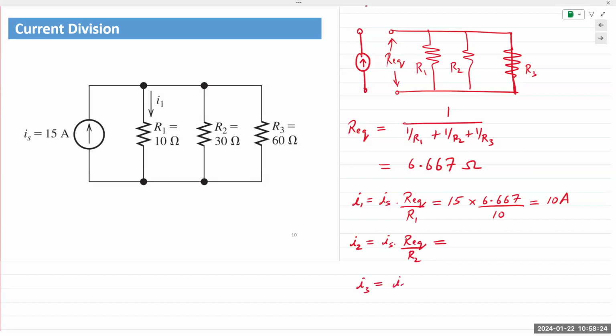And I3 is IS times REQ over R2. 3.335, 3.335, which is what I would expect, looking at those resistor values.